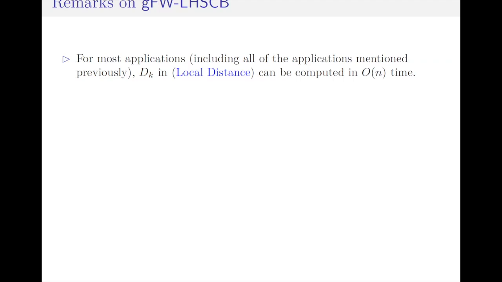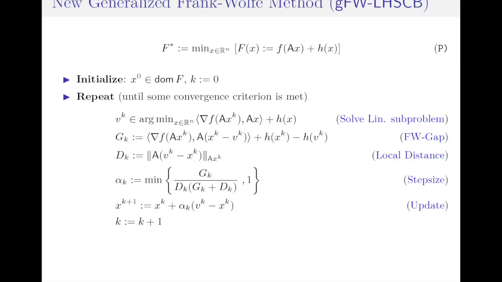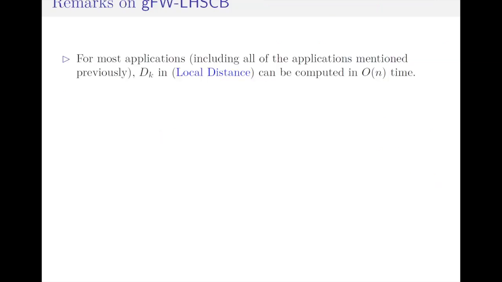It is not because we are explicitly doing some low-rank factorization, but because the structure of the problem naturally gives us this factorized Hessian. And by using this factorized form of the Hessian, the local distance can be computed in O(n) time, which is linear in dimension, but not quadratic in dimension. So here, although we are using the Hessian information at this step, in terms of computational cost, this is really more similar to a first order method than any second order method, okay? Because this step can typically be computed in time that is linear in dimension.